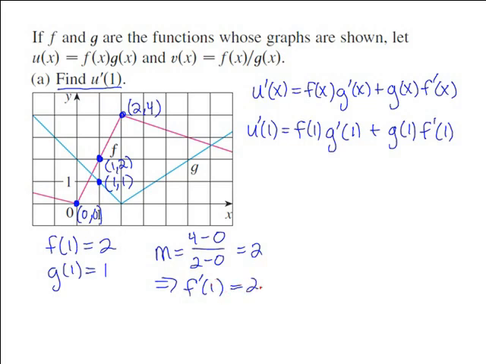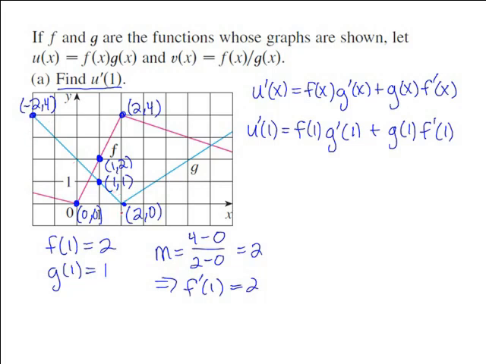And then if we go on and look at the function g, we can see that the function passes through the point at x equal to negative 2, y equal to 4, and also the point at x equal to 2, y equal to 0. And so the slope of the graph at x equal to 1 will be equal to the slope between x equal to negative 2 and x equal to positive 2.